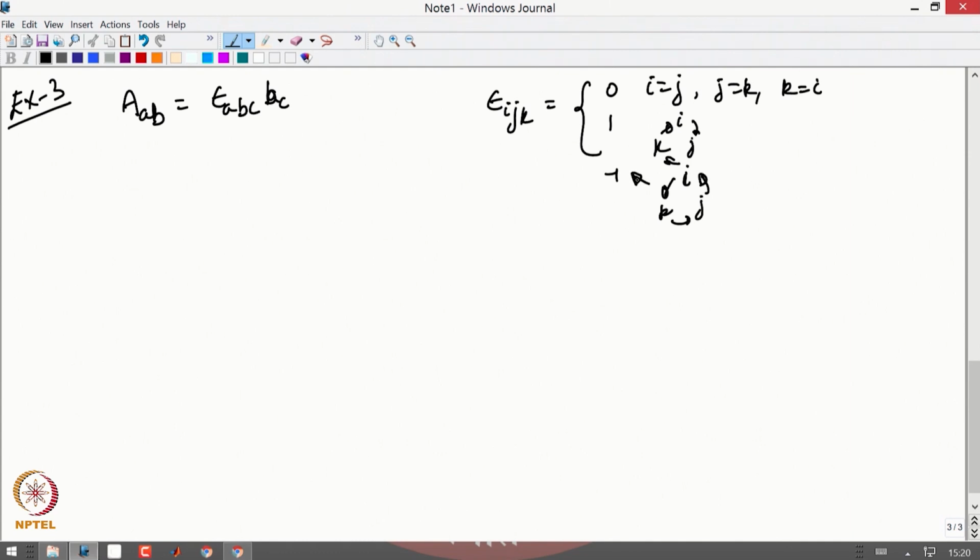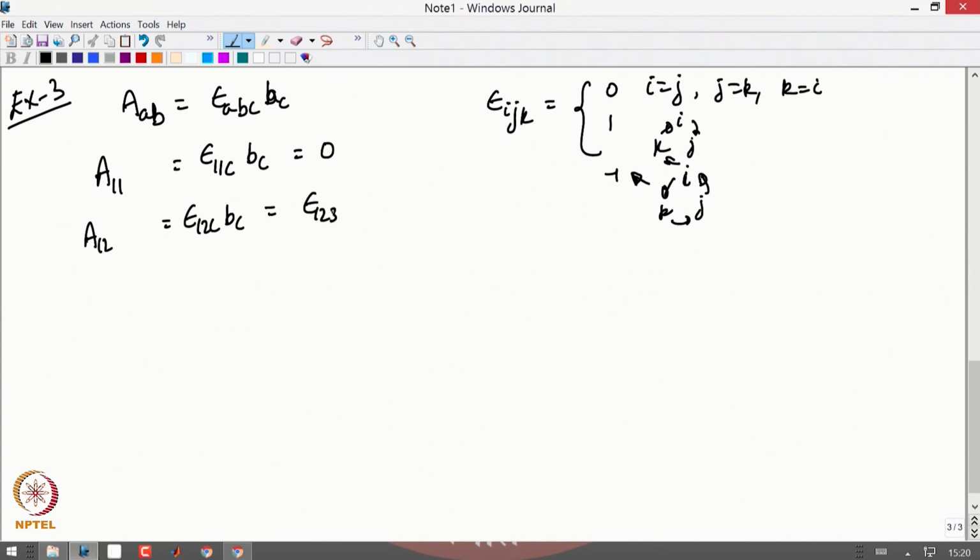Okay. So, now what is this? What will be a11? a11 would be epsilon 11c b c, 11 repeat itself. So, this will be all 0 irrespective of what c value is. Similarly, a12 would be epsilon 12c b c. c is a repeated index, so I have to sum 1 2 3.